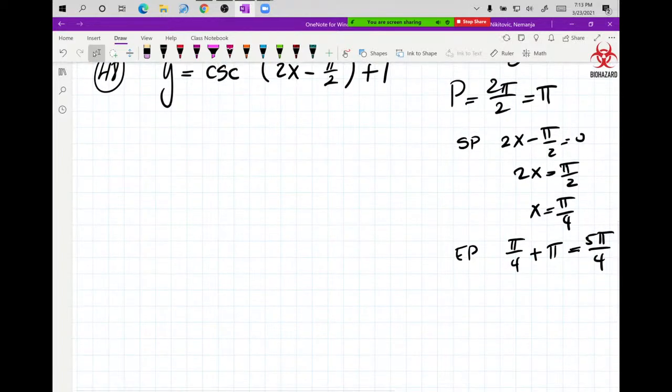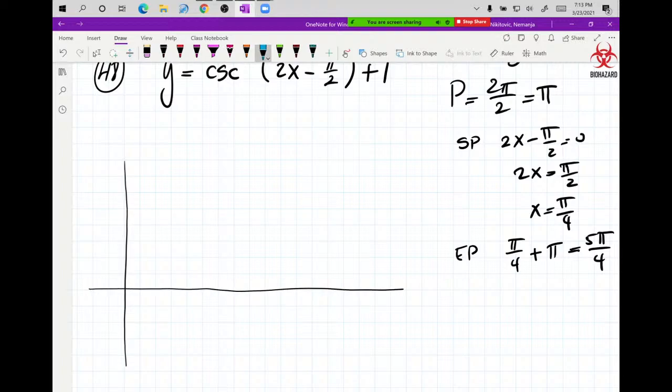Now remember, always leave yourself extra room, because not just that you have to shift everything up 1 unit, you also have to have enough room to invert your graphs. So I'm going to start right here.